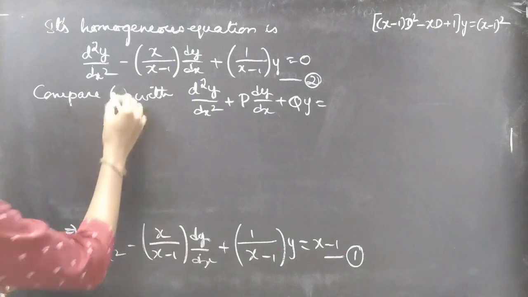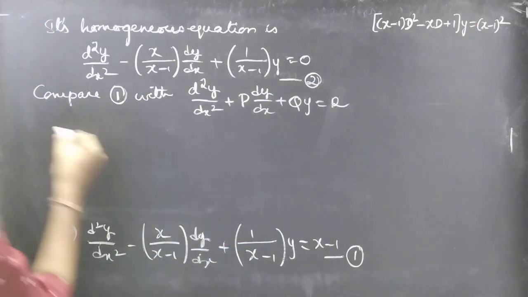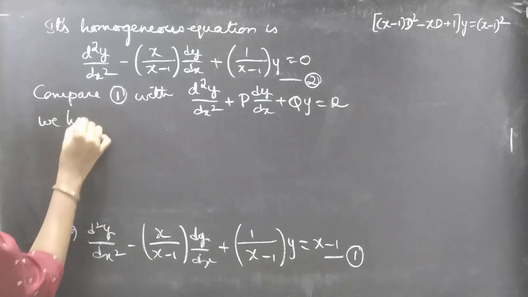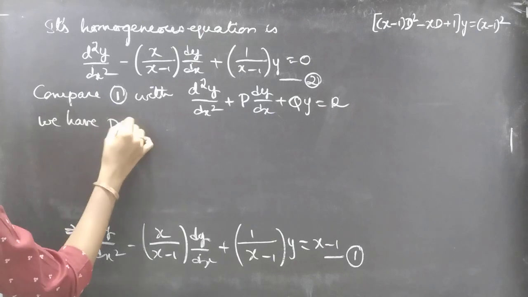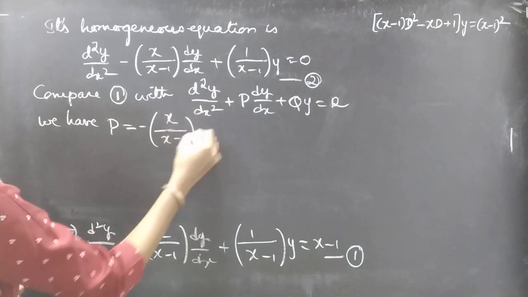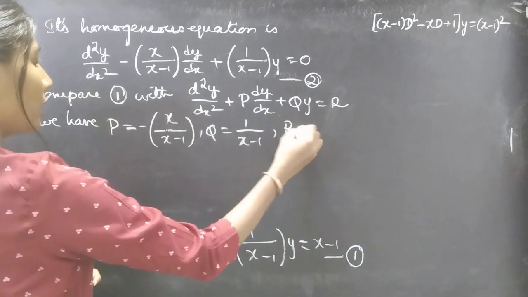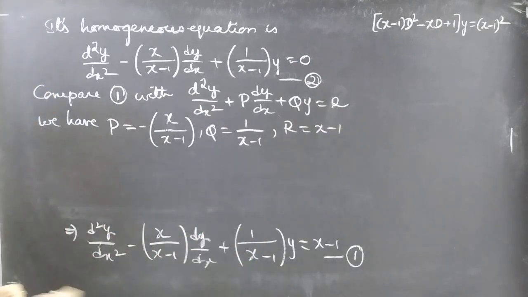Since I need r, I'll compare 1 with this equation. So we have p equal to minus x by (x minus 1), q equal to 1 by (x minus 1), and r equal to x minus 1, right?